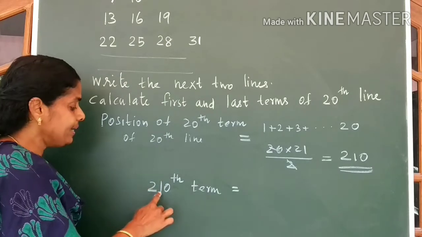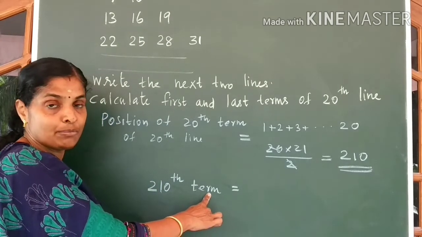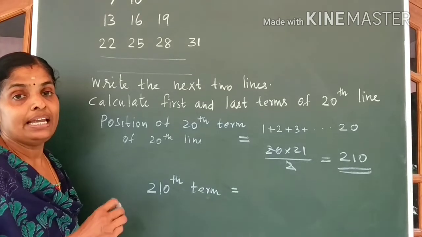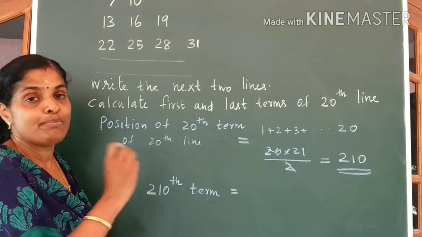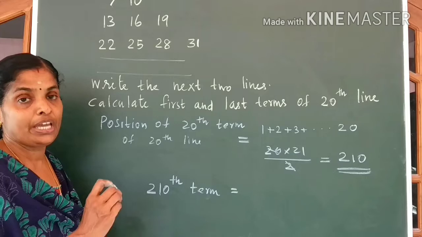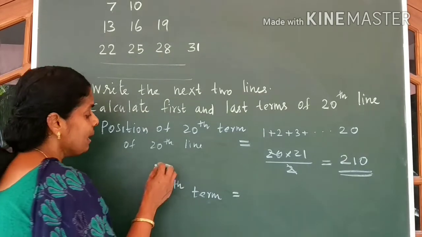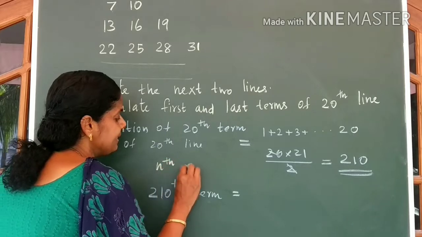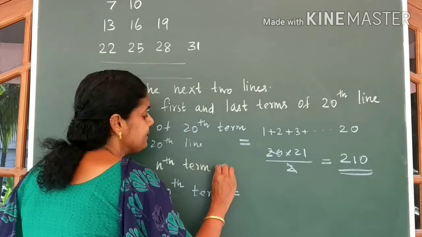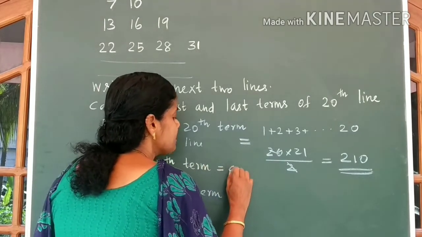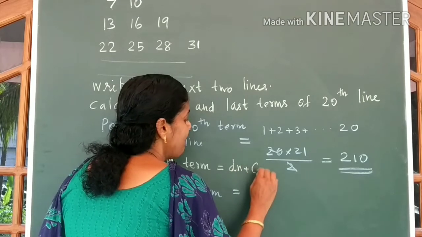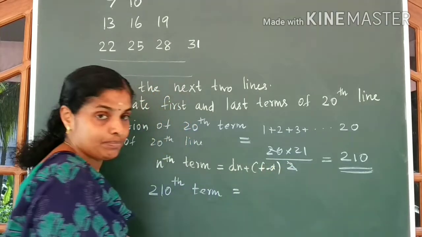So to write the 210th term of the arithmetic sequence, let us write the algebraic form of the sequence. We know nth term of the sequence is got by writing nth term. Nth term is equal to dn plus f minus d.